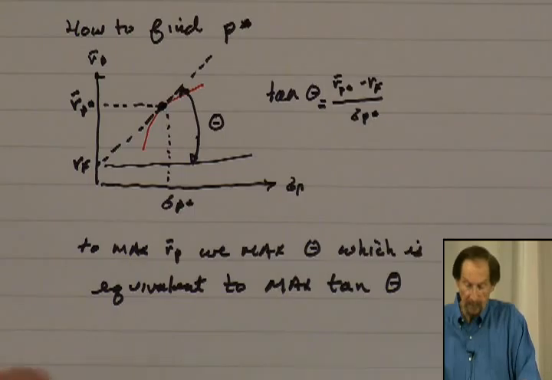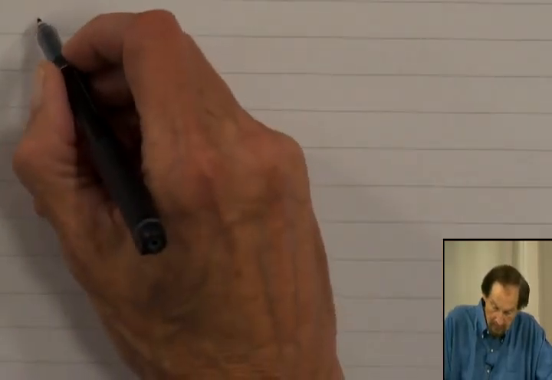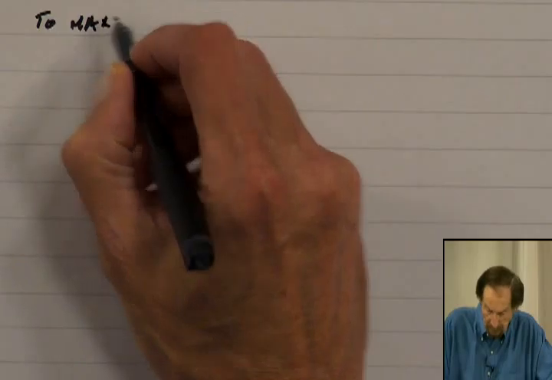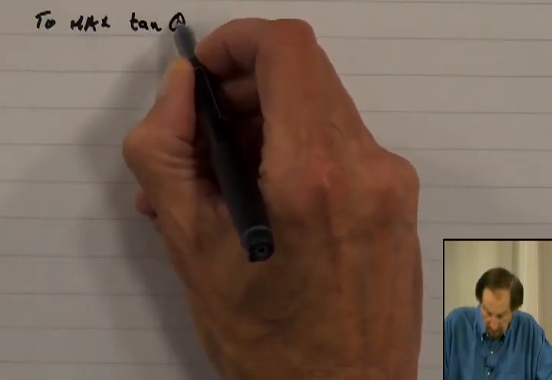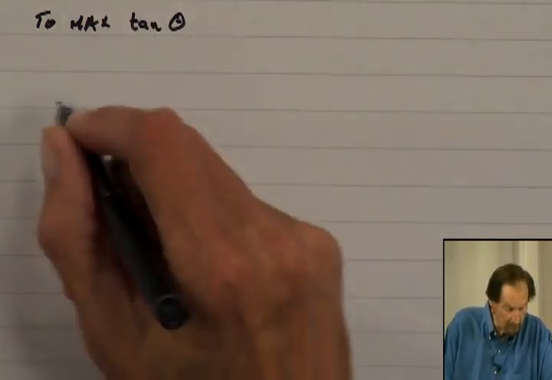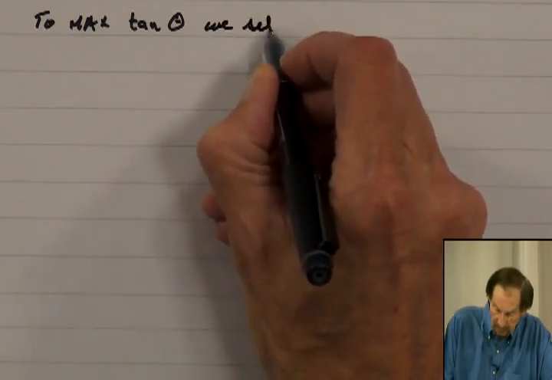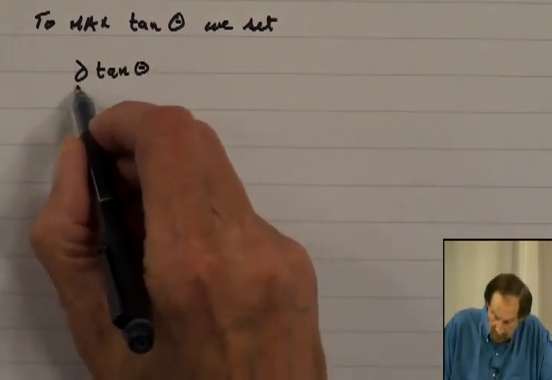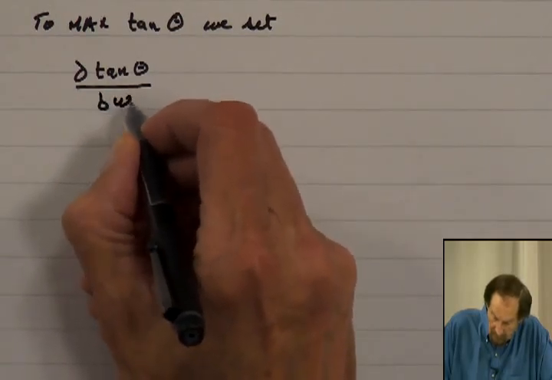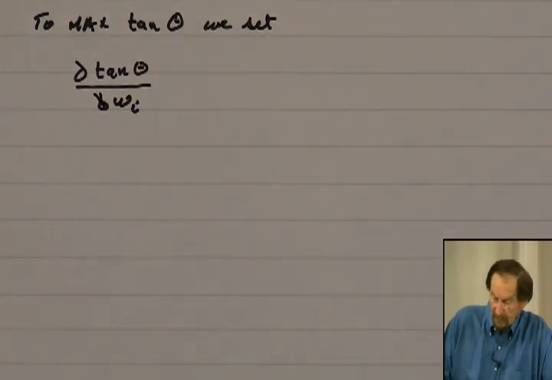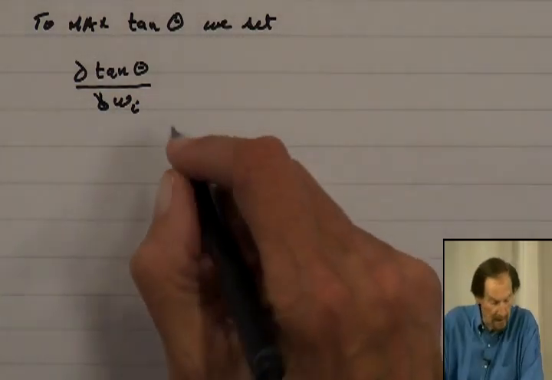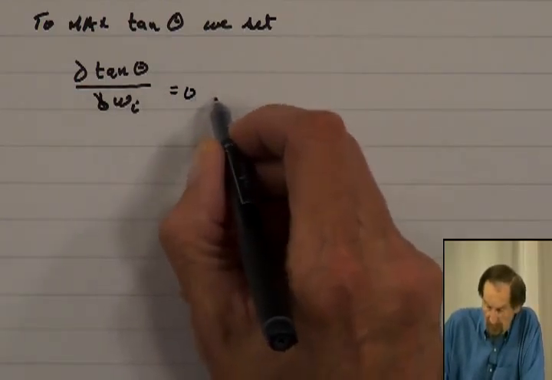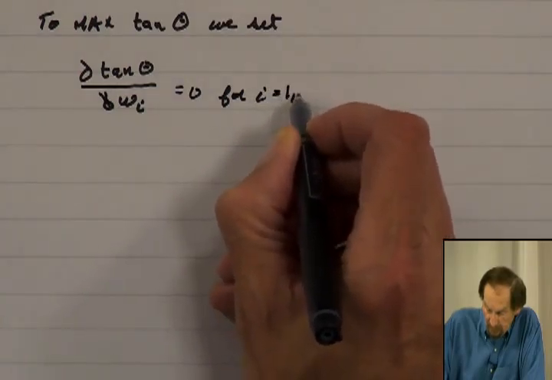Now, to maximize the tangent of theta, we set the partial derivative of the tangent of theta with respect to dwi, the partial with respect to the proportion we have in stock i, equal to 0 for i equals 1 to n.